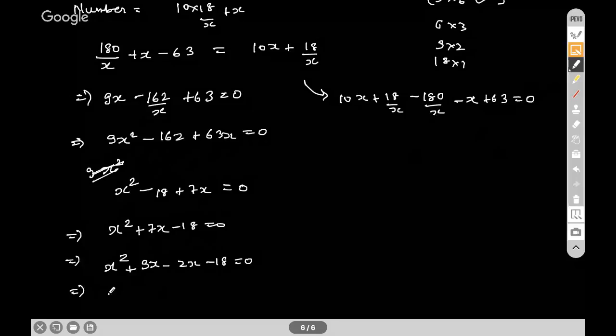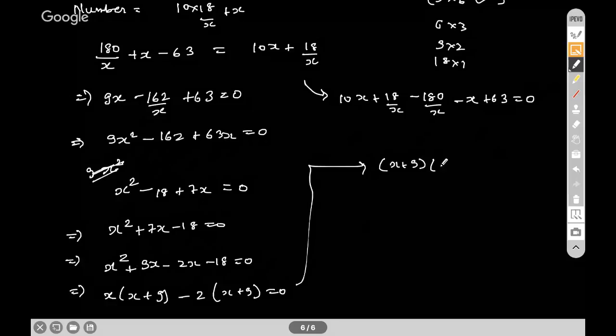This implies you can take x as common from the first two terms, so x plus 9. And negative 2 common from the last two terms, x plus 9 equals 0. Now it is nothing but x plus 9 times x minus 2 equals 0. x equals negative 9, or x equals 2.